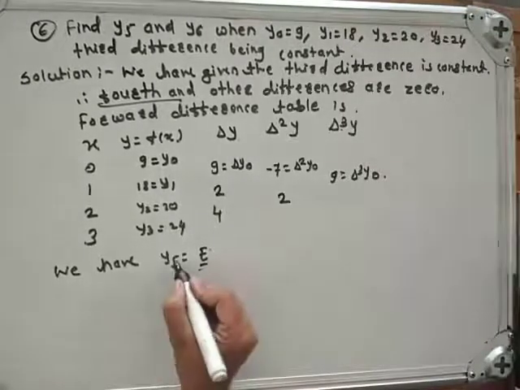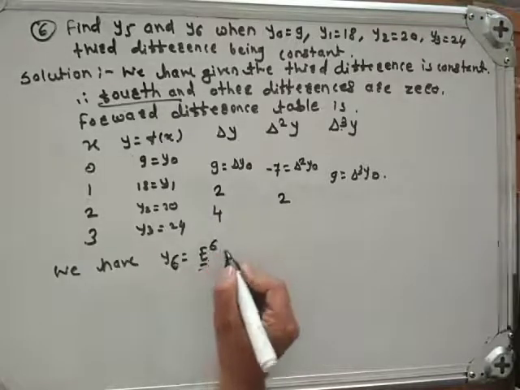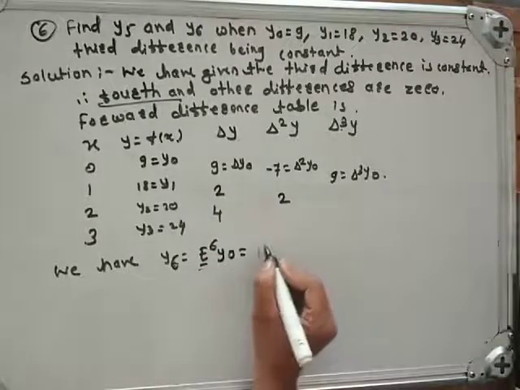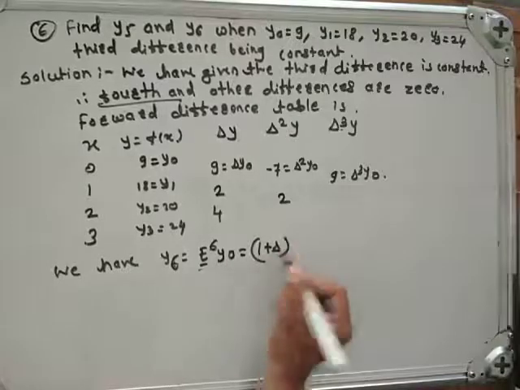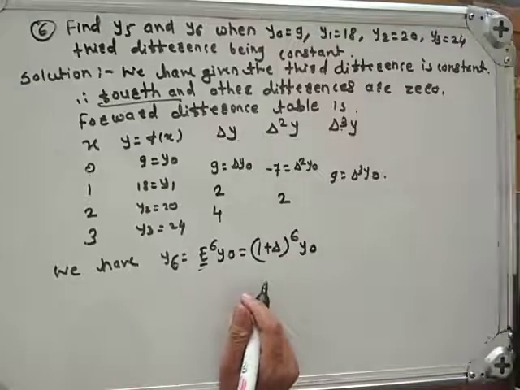y6 is nothing but E raised to 6 of y0, which is equal to 1 plus delta raised to 6 of y0. Okay.